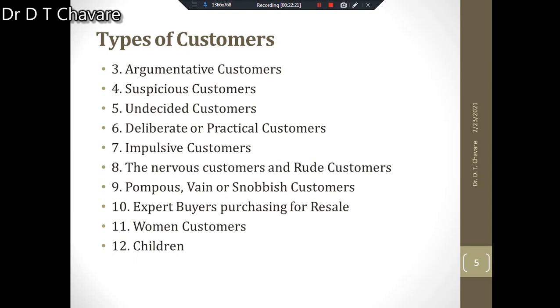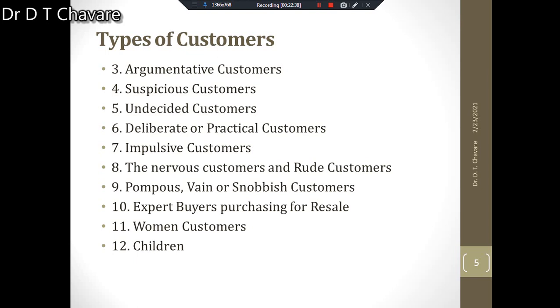They think that the salesman is devising a cunning trap for them, and therefore they doubt every proposal, statement and suggestion of the salesman. The best solution is to offer them proof and evidence.